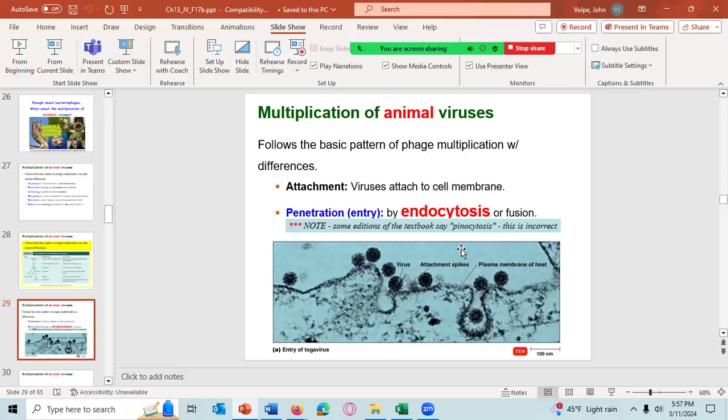If you do not, then your copy of the textbook is correct, and that is that entry of the virus can happen by endocytosis or by fusion.